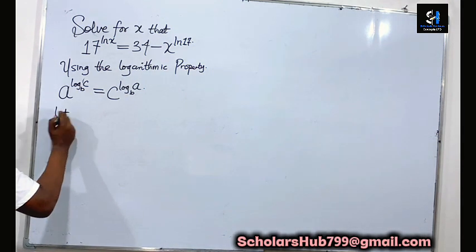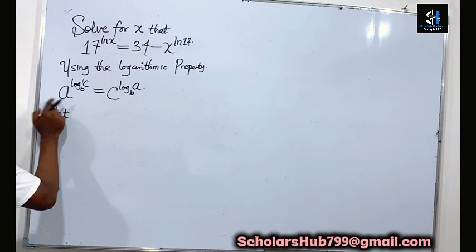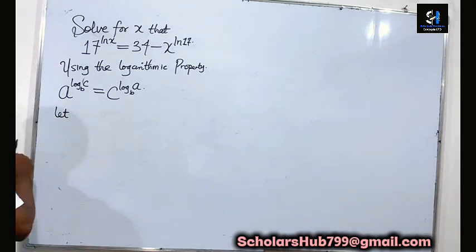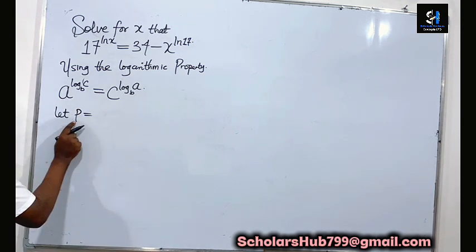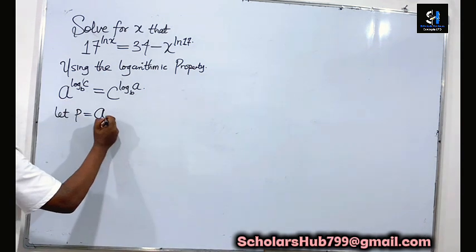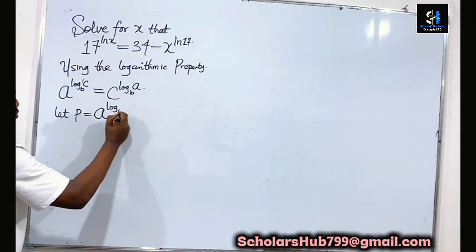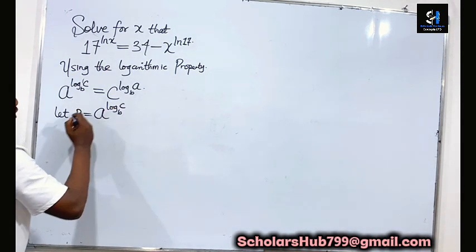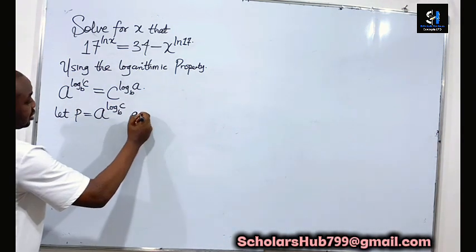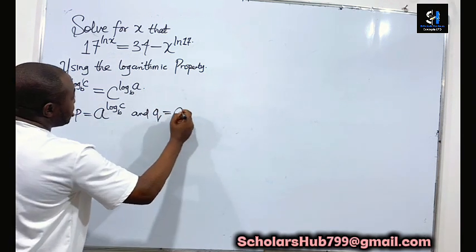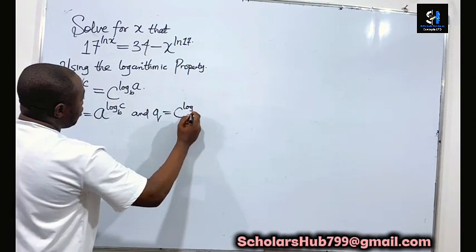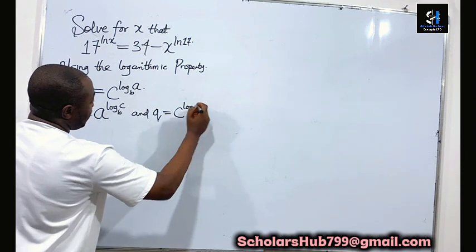Let's say I choose a letter from the alphabet to represent this. Let's say I choose letter p to represent a raised to the log base b of c, and q equals c raised to the power of log base b of a.